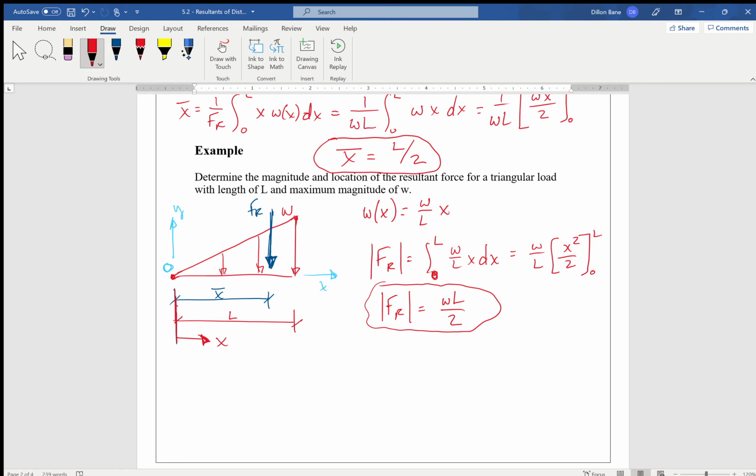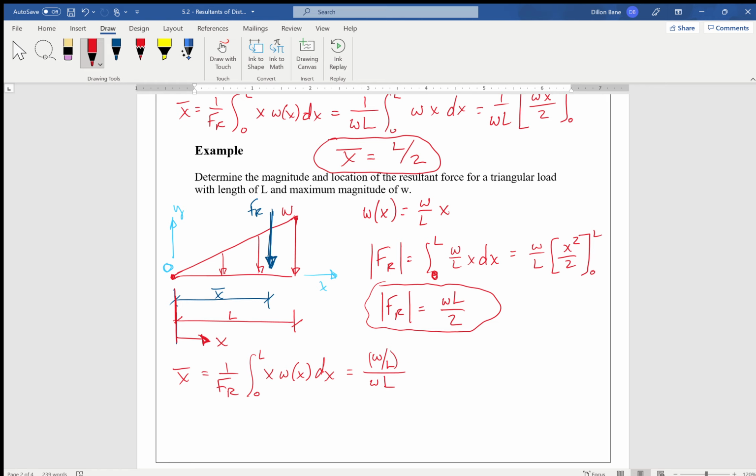So we know that our equation for x bar is 1 over FR times the integral from 0 to L of x times w of x dx. So if I start plugging in all my variables, what we can find then is 2 times w over L, that's not squared, right?